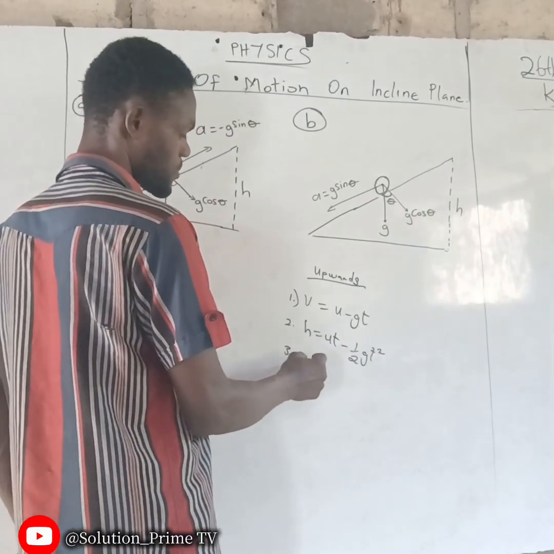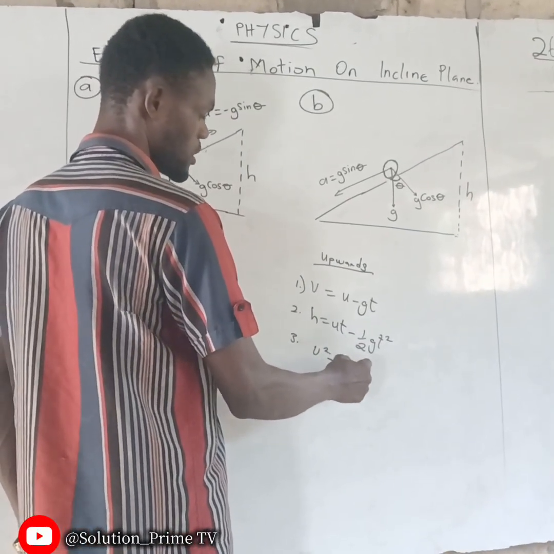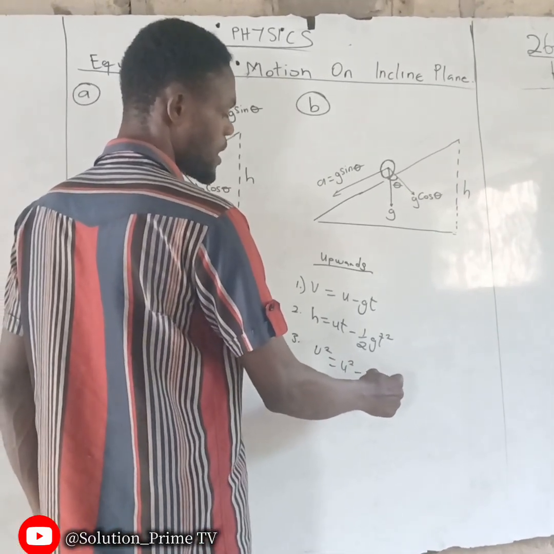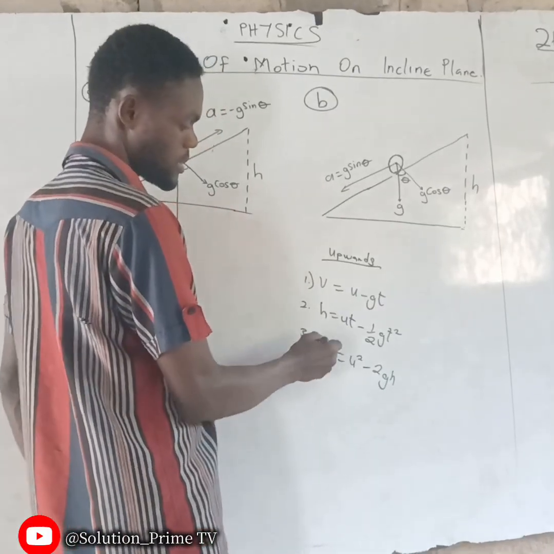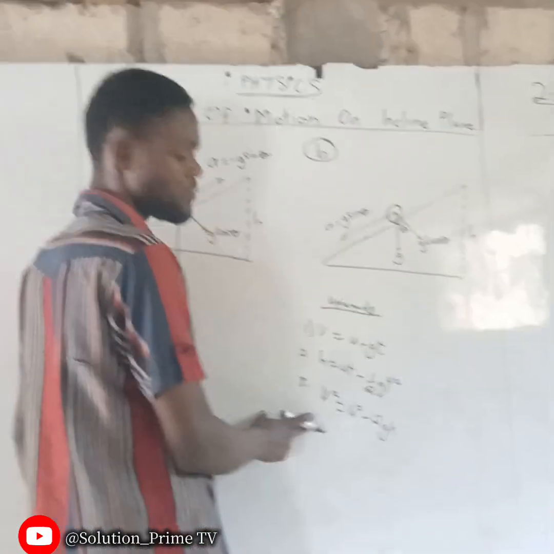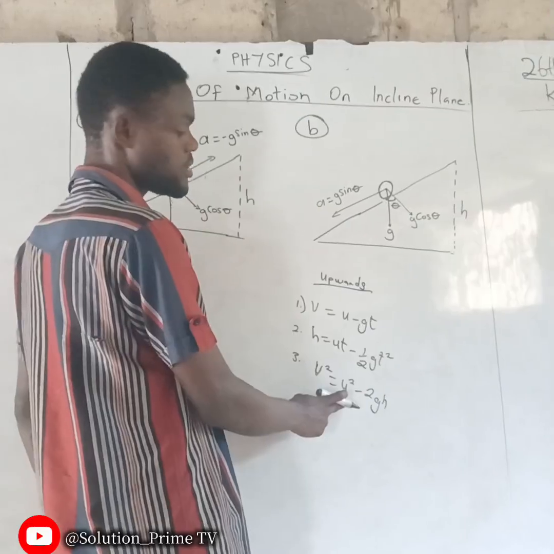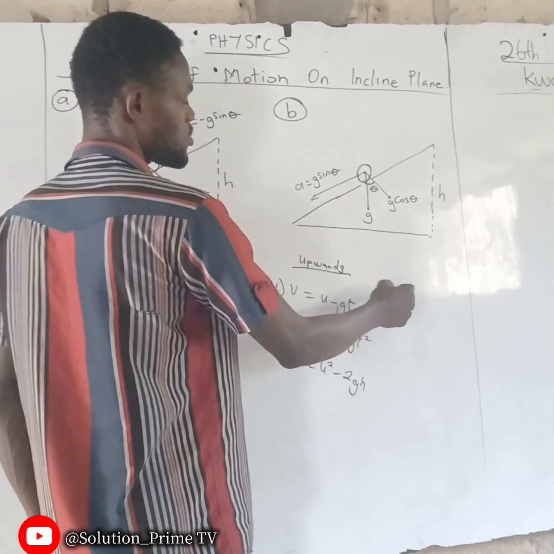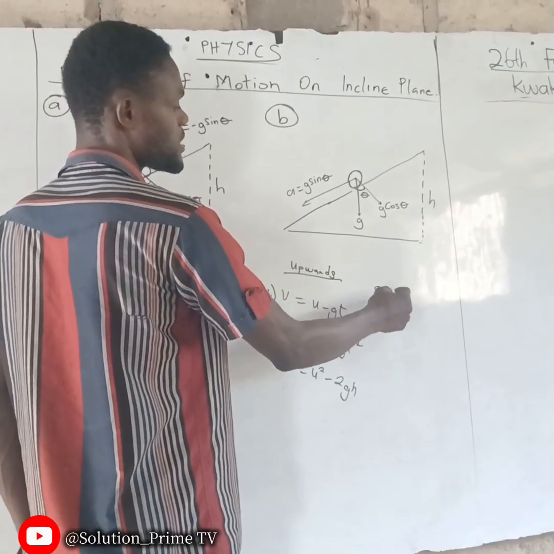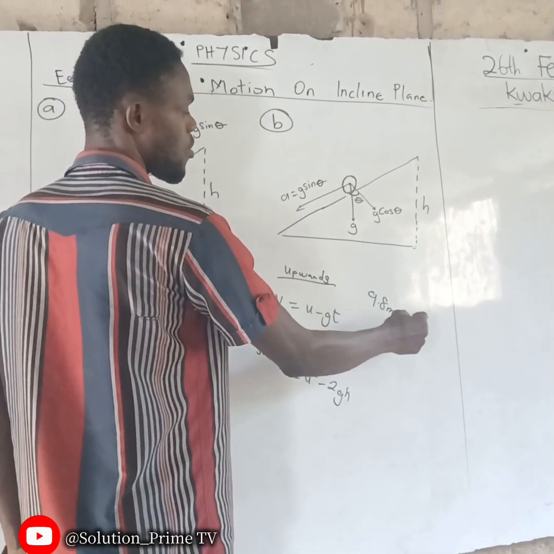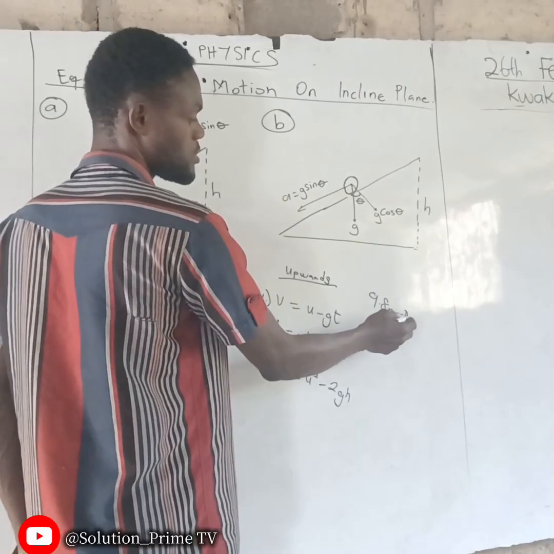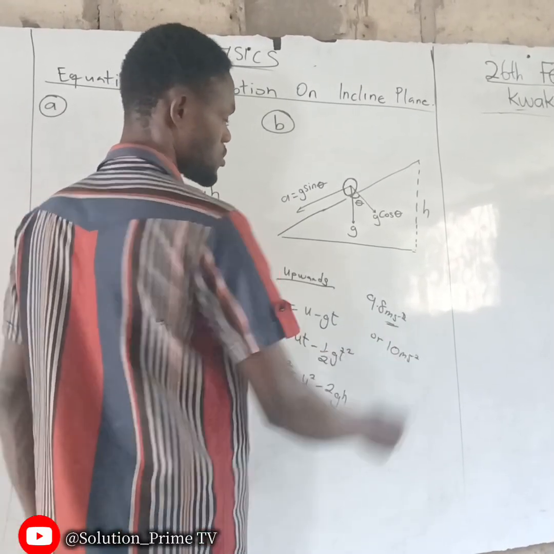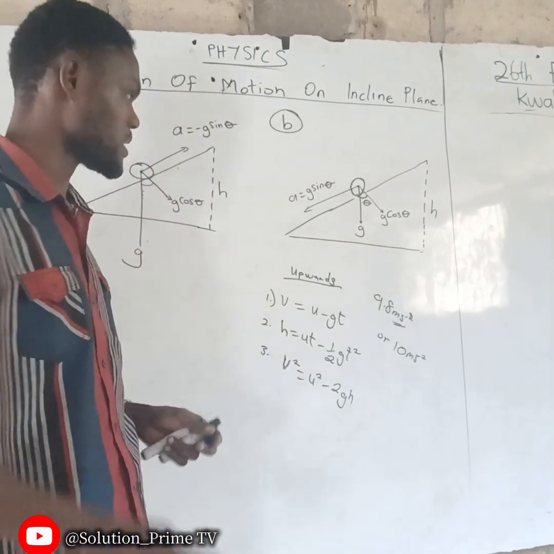Then the third one, V squared equals U squared minus 2GH, where V is the final velocity, U is the initial velocity, and G is acceleration due to gravity. The approximation is 9.8 meters per second squared, or 10 meters per second squared.